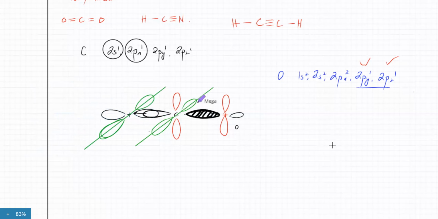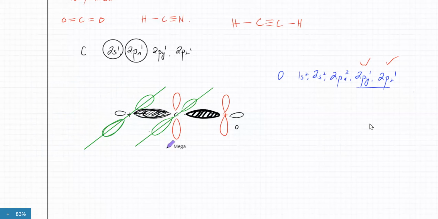One of the p orbitals would overlap, and these would overlap in the middle, and the other lobe of the p orbital would shrink in size. So that is what will happen. Okay, so is this clear?